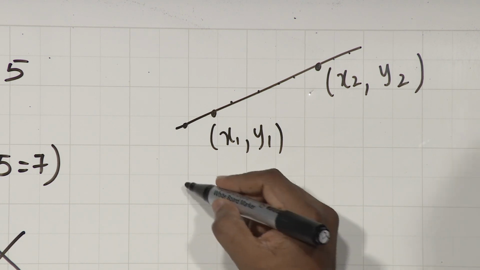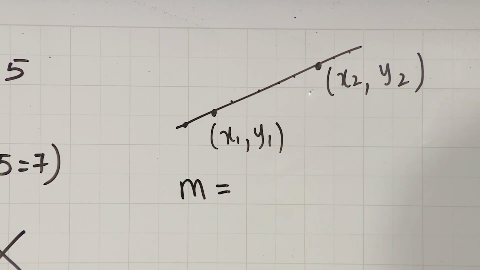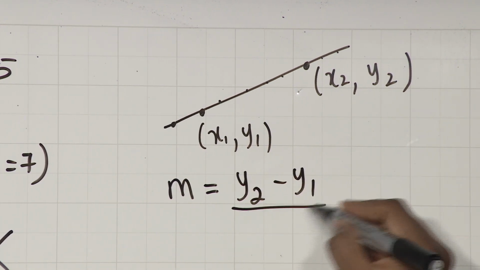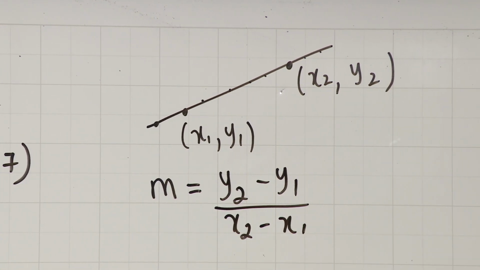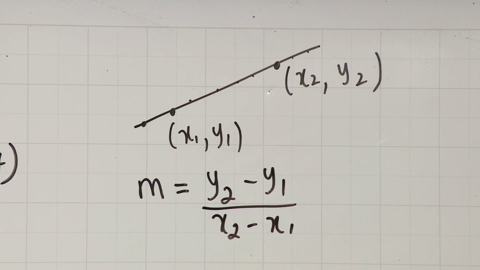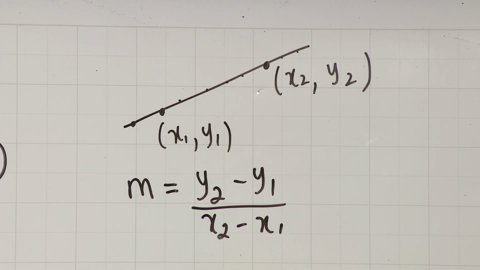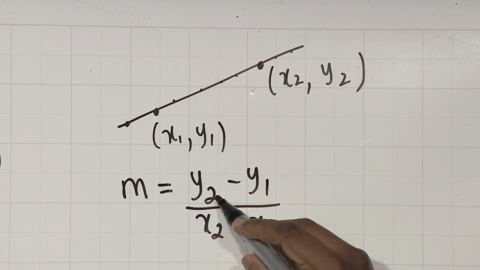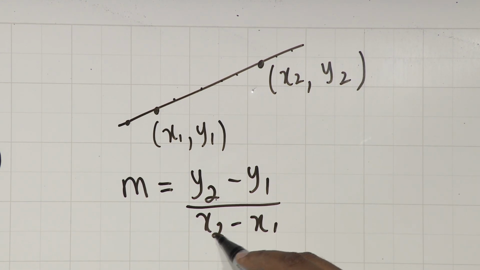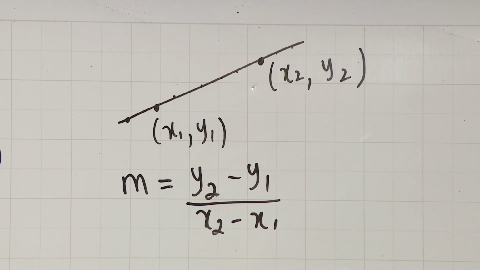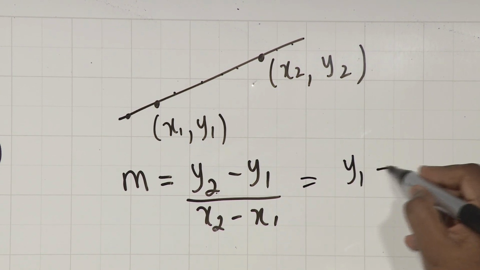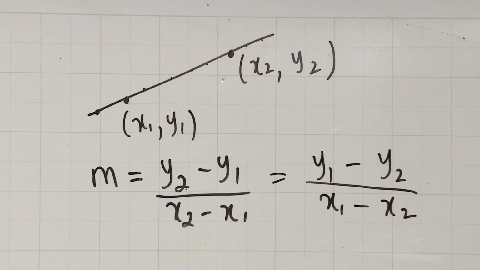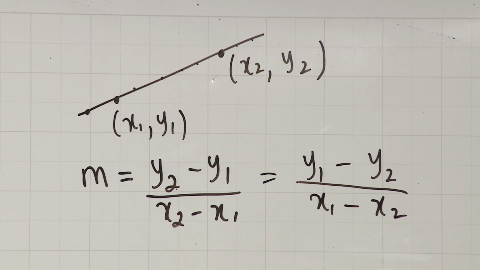Only 2. What is the formula for the gradient of the line? Difference in the y-coordinate over difference in the x-coordinates. That's the gradient of the line. Of course, if I've taken y2 minus y1, I've taken x2 minus x1. Or I could have taken y1 minus y2, but in that case I would have to take x1 minus x2.